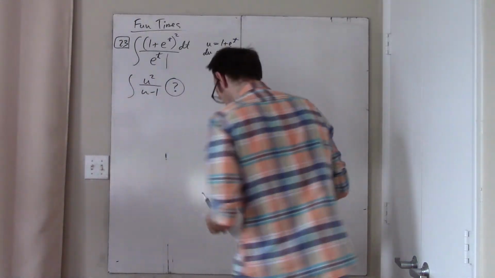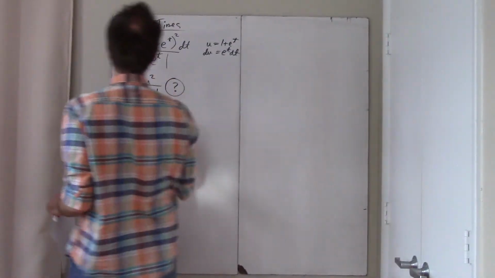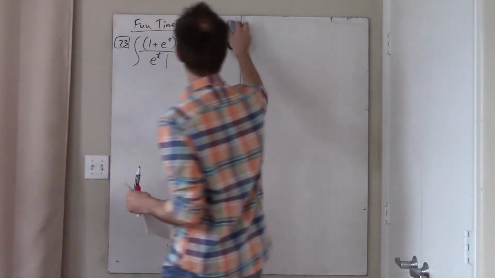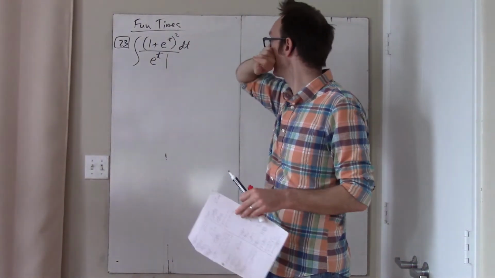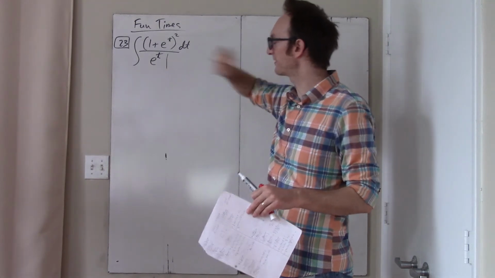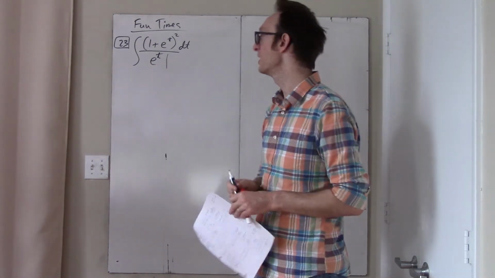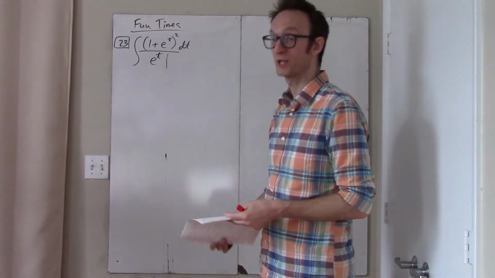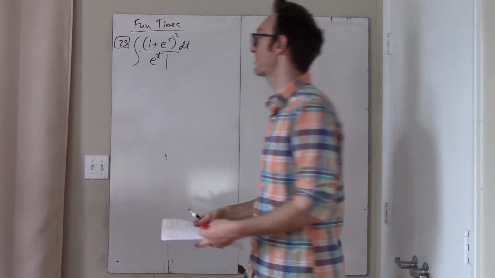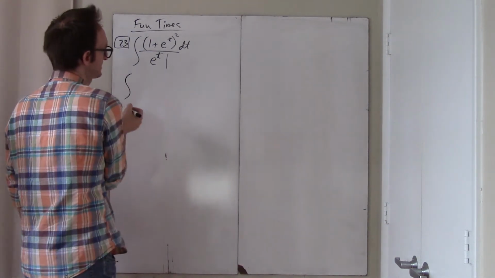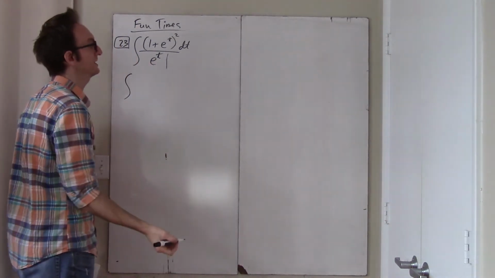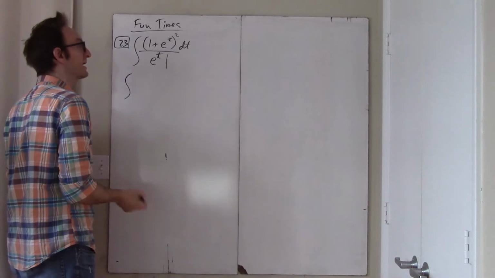So what can we do here? We have to think a little bit. Since this denominator is a single term, we would like to split up this fraction into as many pieces as possible. So the way to do this problem is to just multiply out the top.